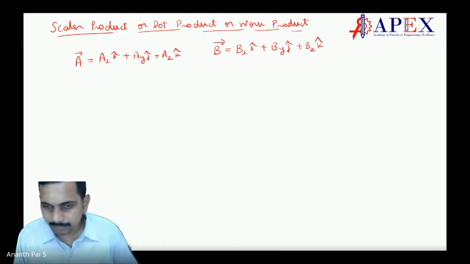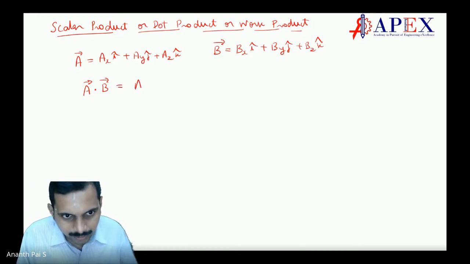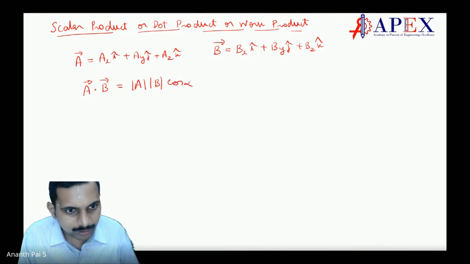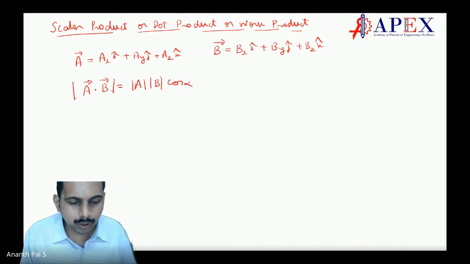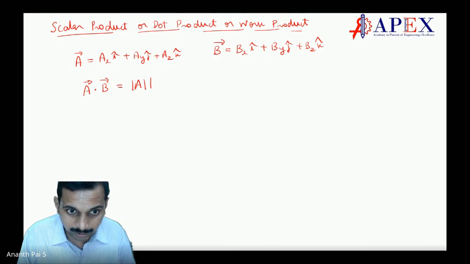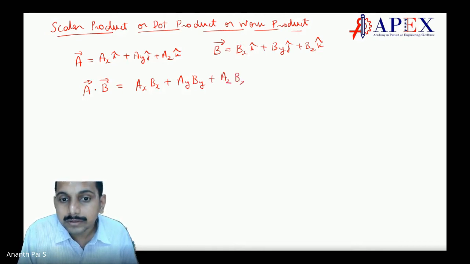Then A dotted with B is equal to AX BX plus AY BY plus AZ BZ.